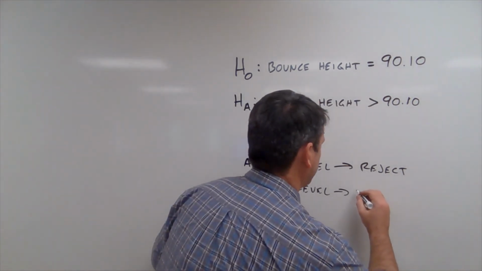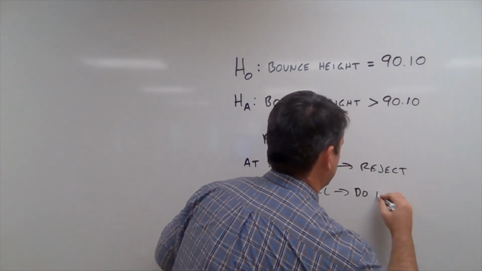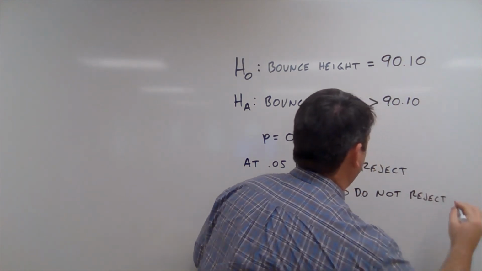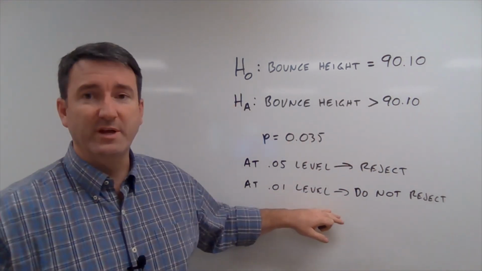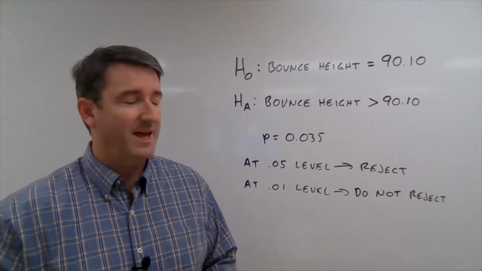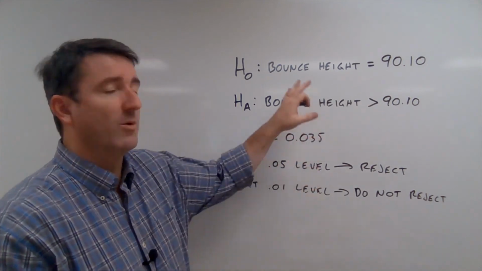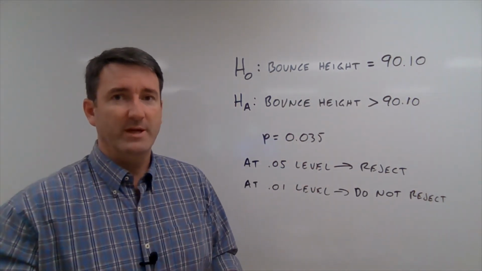So we're going to say do not reject if we were shooting for a 0.01 level. And this level should have been determined before we ever started the experiment.